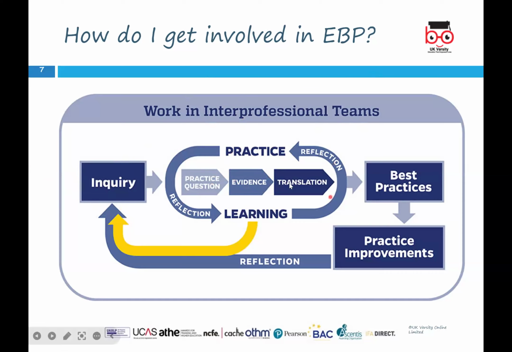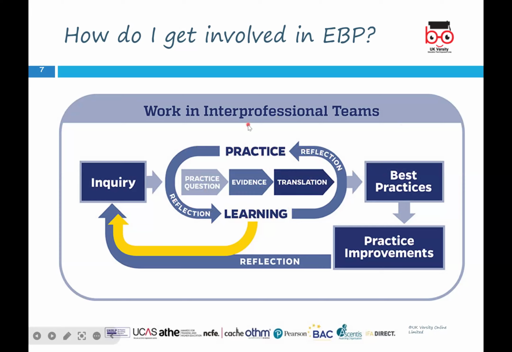Is that translating into better health or better surgical outcomes, for instance? And then you're going to reflect on this practice. You're going to constantly learn through this practice and reflect through this practice. And based on this practice, what are the best practices that you have seen?